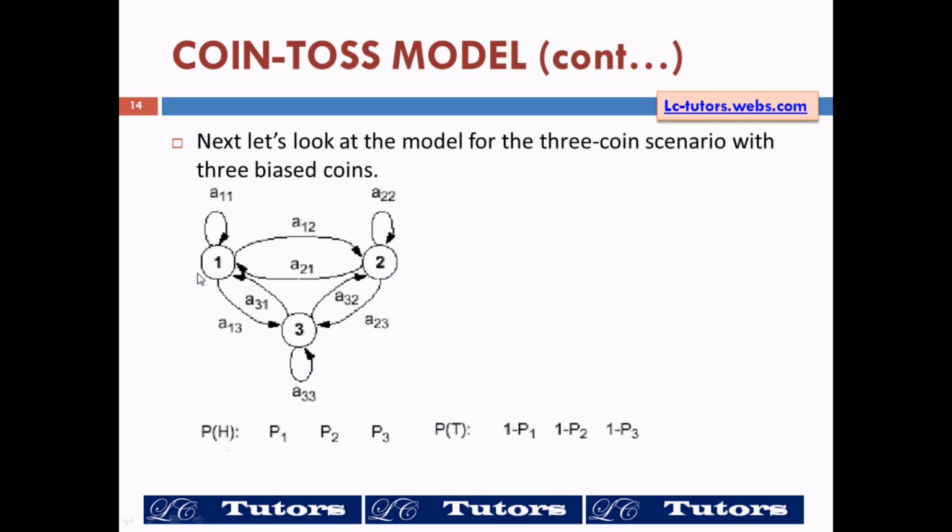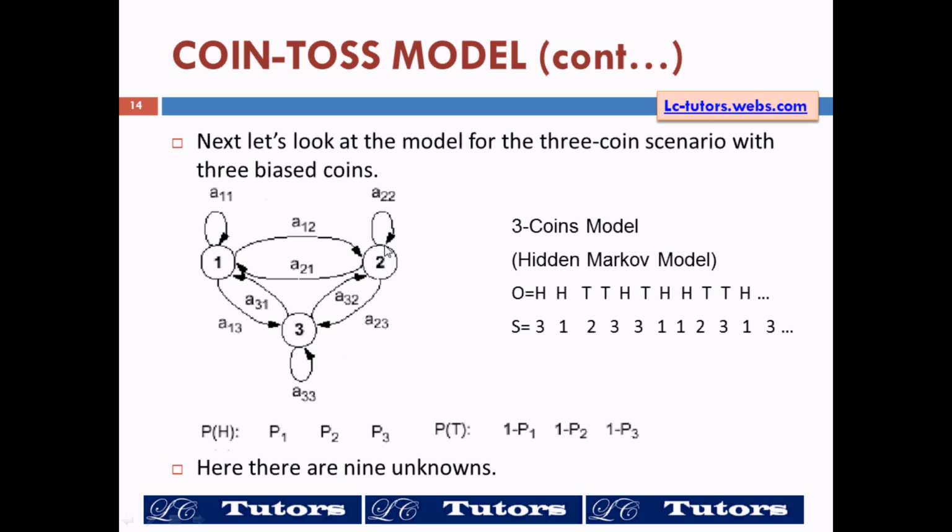Again, we have lots of probabilities, about 6 probabilities that are unknown, actually 9 probabilities that are unknown. So these 9 probabilities can be calculated by observation, and also here we get a few observations. Again, what you can see is that it is a hidden Markov model. That means he has 3 coins behind the curtain, tosses a coin and tells the output.